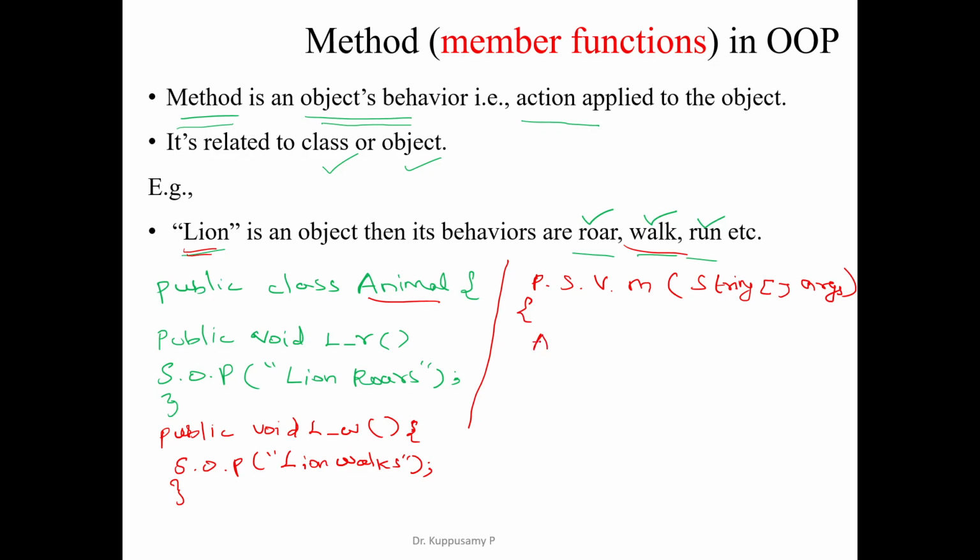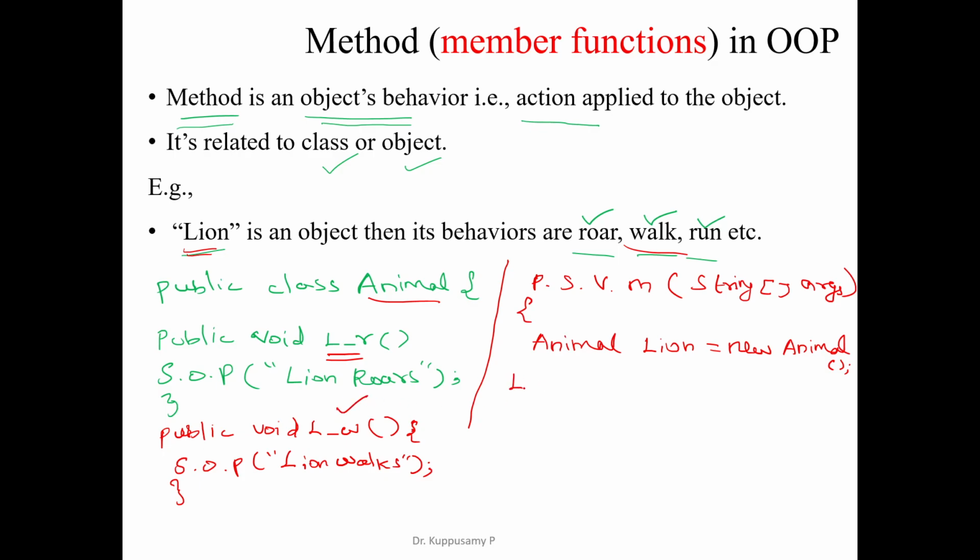So the animal class is defining the object lion. This is a new object for the class animal. Then I am calling each and every method.